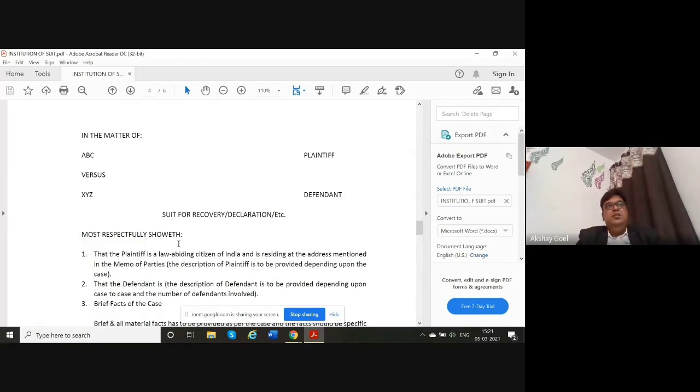Then defendant number 2 is the director taking care of the day-to-day activities of the company and is responsible for a particular thing which is involved in this particular case.